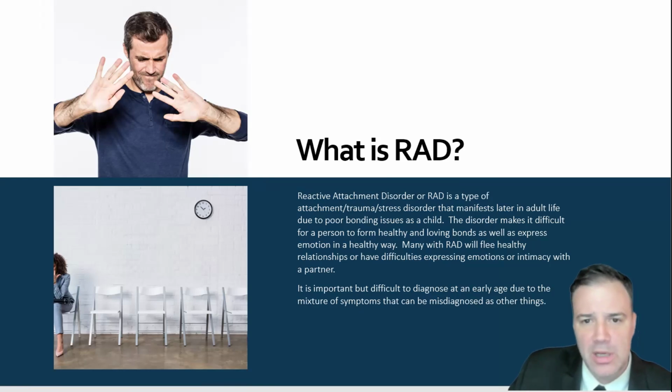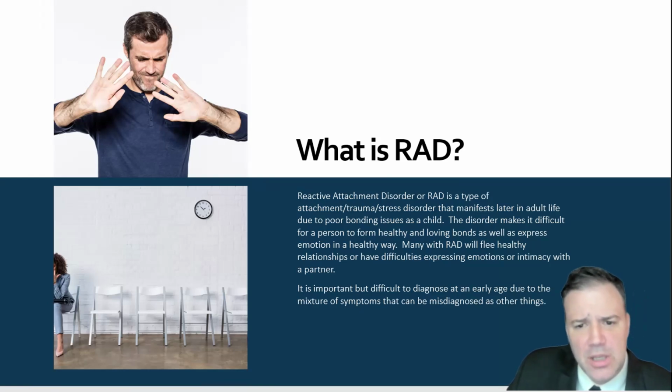But the primary issue is due to poor bonding that goes back to early childhood development, like any type of attachment disorder, whether it's an avoidant or an anxious. RAD instead is a reactive attachment disorder.